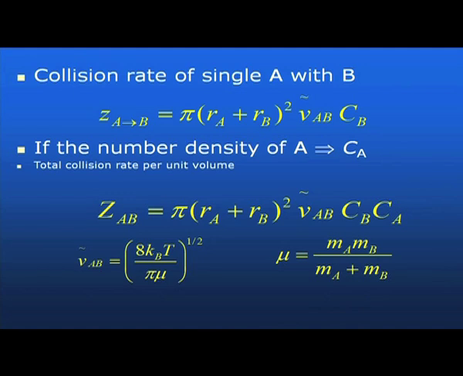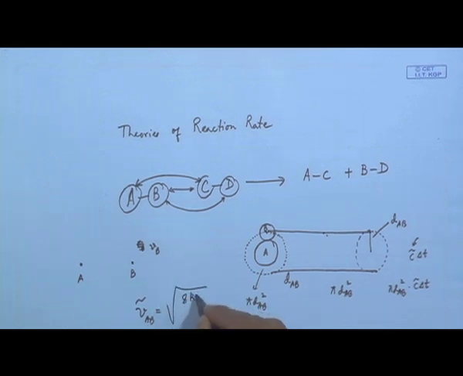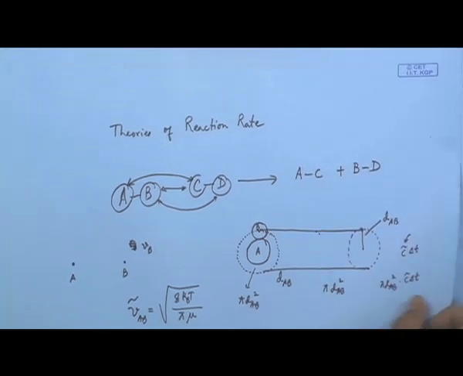Mu means reduced mass of the system, because now we are considering A and B together because they are moving relative to each other. That is why this reduced mass and center of mass concept has been introduced. So, VAB average is equal to square root of 8 kB T, of course this Boltzmann constant, by pi mu. Mu is the reduced mass, pi is the constant, and mu is MA MB by MA plus MB.